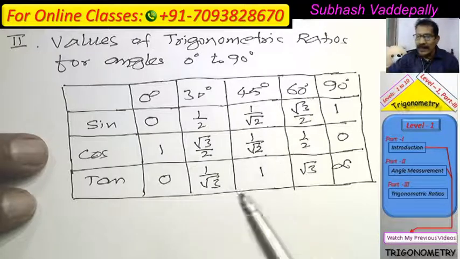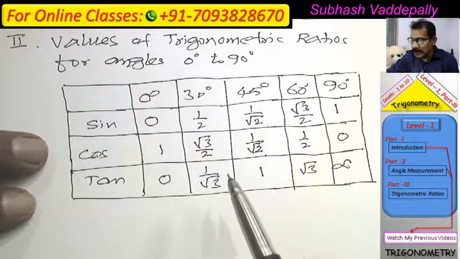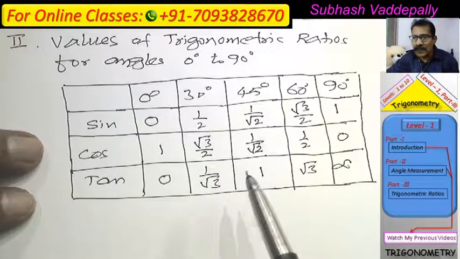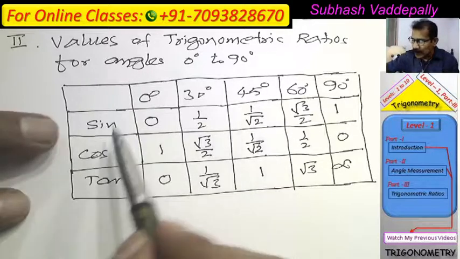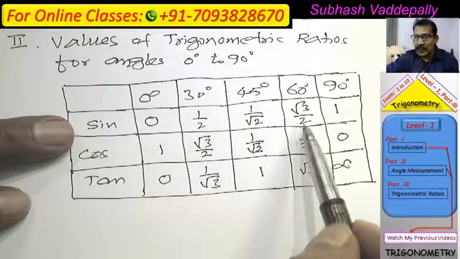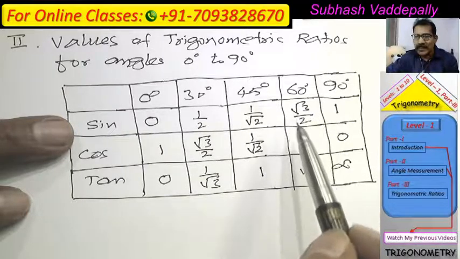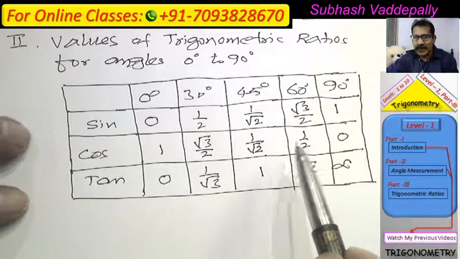And for example, I want to know cosecant 60. Since cosecant is the reciprocal of sine, from this table sine 60 is root 3 by 2. Then cosecant 60 must be the reciprocal of this, 2 by root 3. Like that you can find the remaining values also.